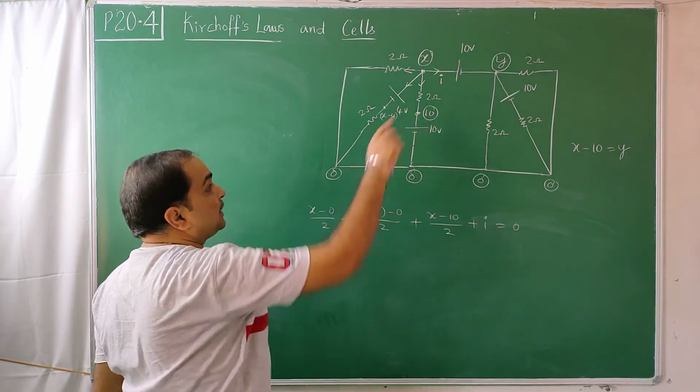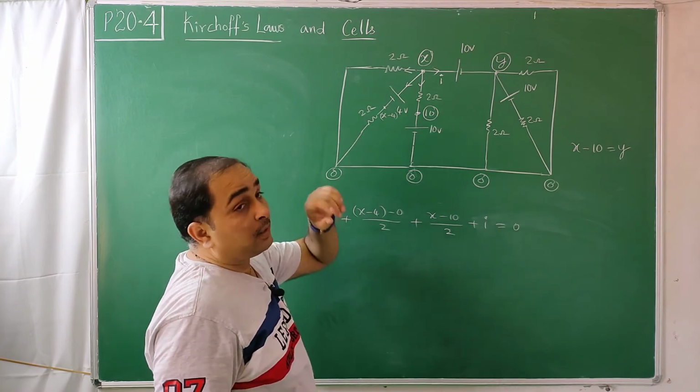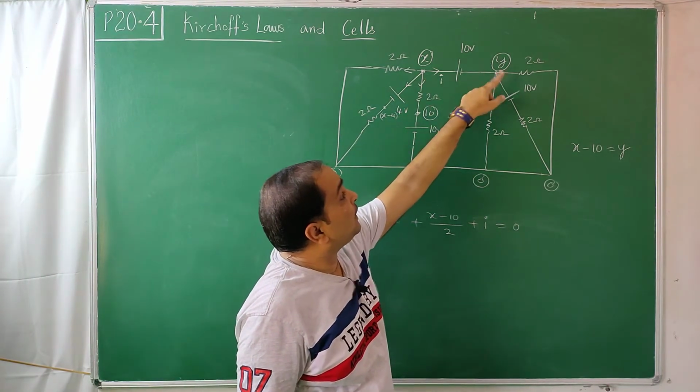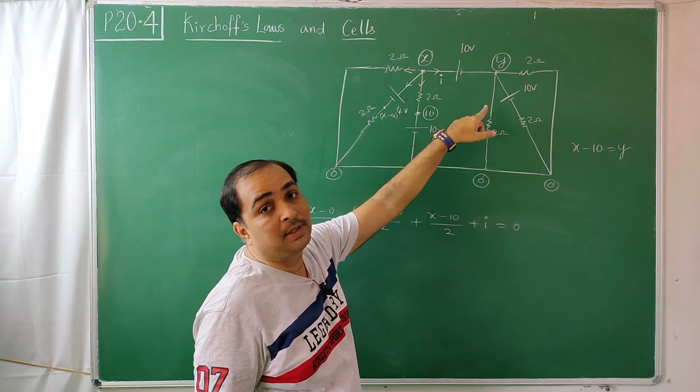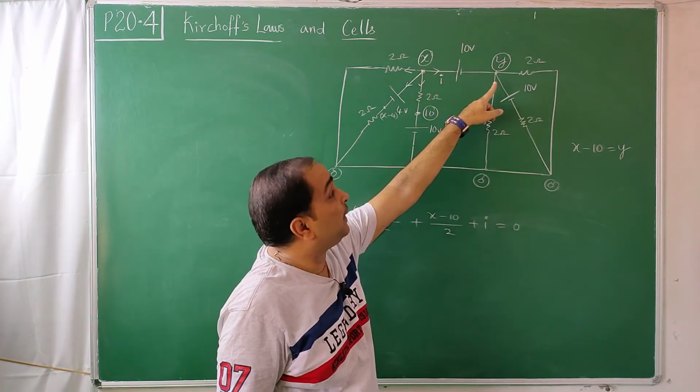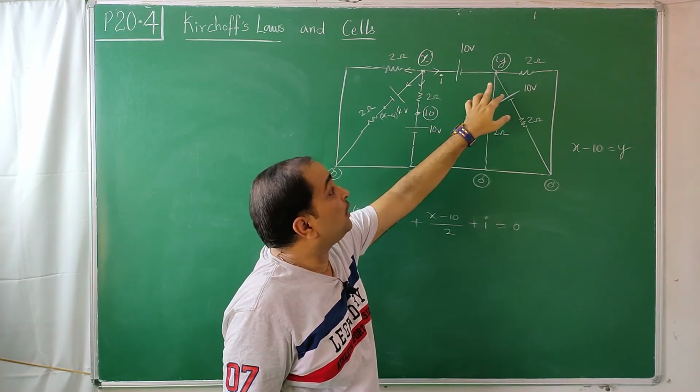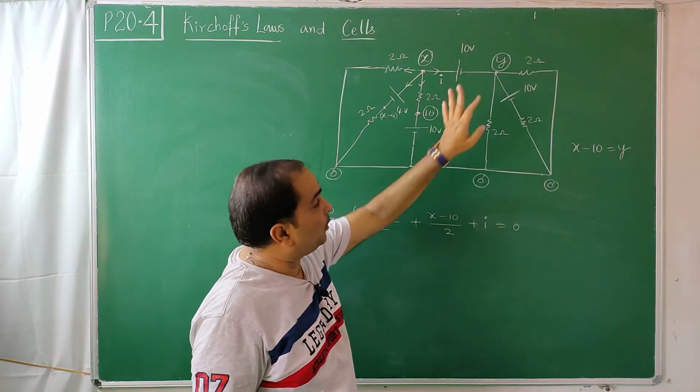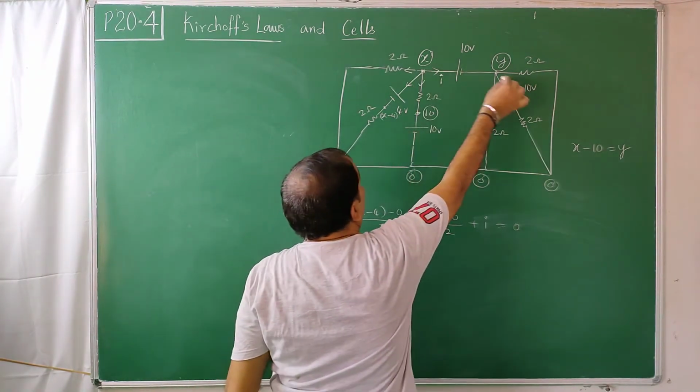Now we need to write for the junction Y. In the same problem, you cannot say one current is incoming and other current is incoming. From X point of view it's outgoing, so from Y point of view it should be incoming. Now you cannot say that from Y point of view take outgoing. So let us take incoming current like this.